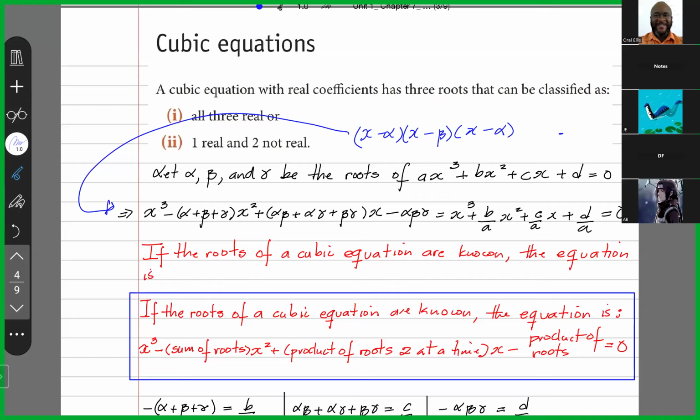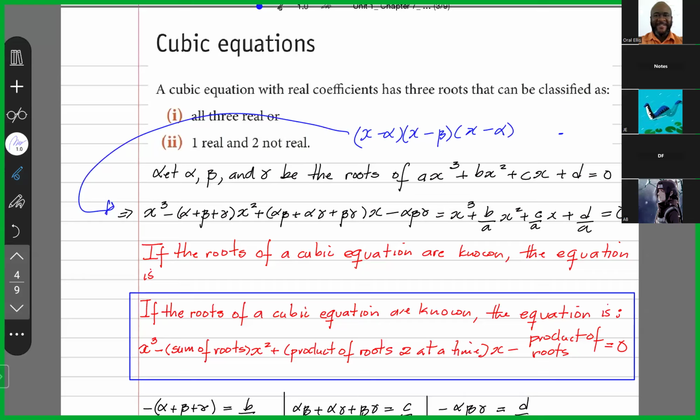Now, note the x cubed coefficient is 1. Since this would be equal to ax cubed plus bx squared plus cx plus d, the first thing I'd have to do is divide the entire equation by a so as to make the x cubed coefficient on the left side and on the right side both be 1.